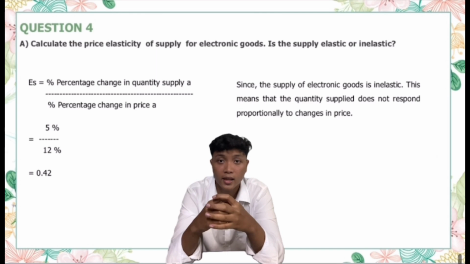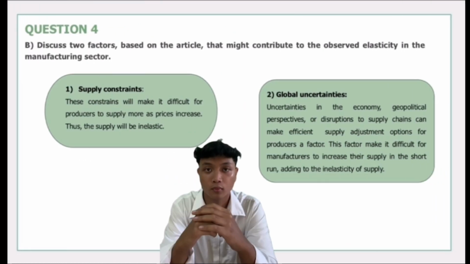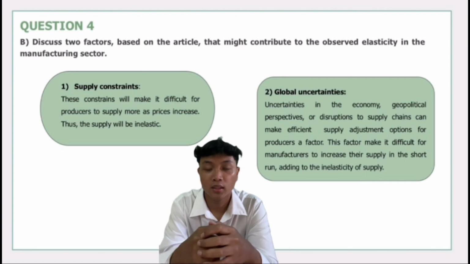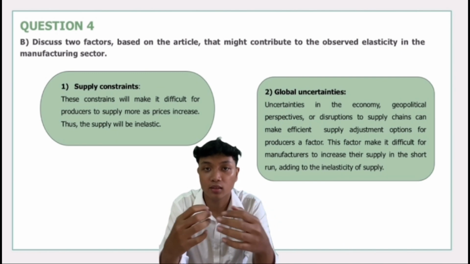This means that the quantity supplied does not respond proportionally to changes in price. Here we come to question B. Discuss two factors based on the article that might contribute to the observed elasticity in the manufacturing sector.